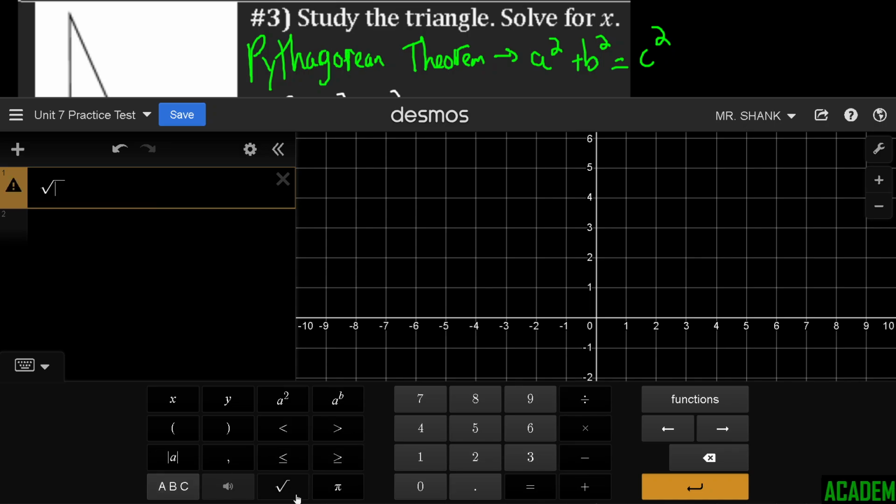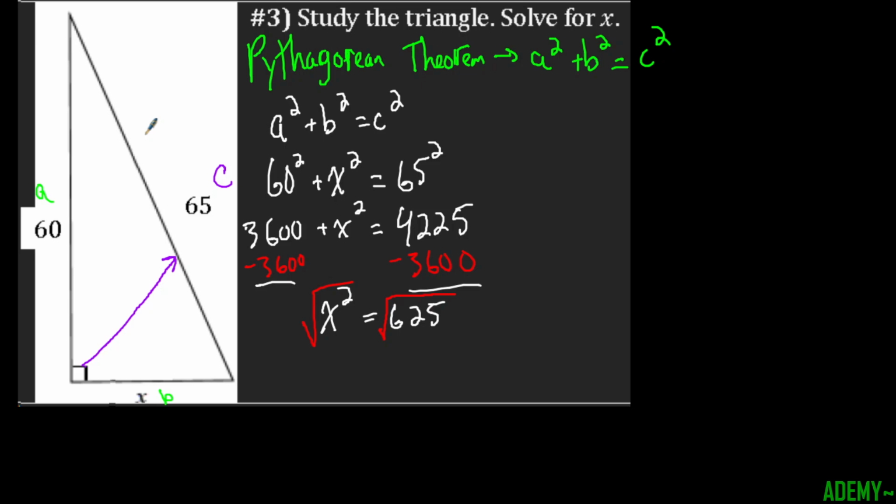I said square root of 625, and it's equal to 25. Again, make sure you type it in very carefully, one piece at a time. So now I have my answer. I'm just going to say x equals 25. And that makes sense because that number is less than my hypotenuse, and I know that's good.